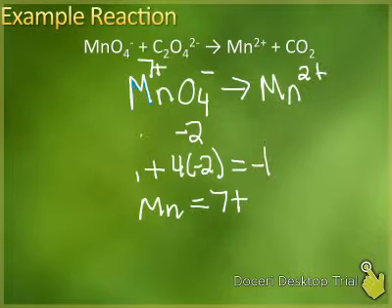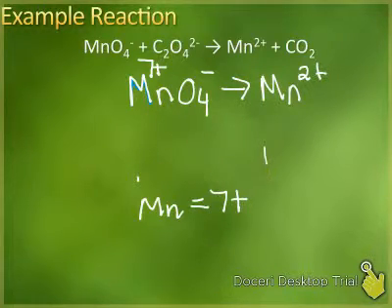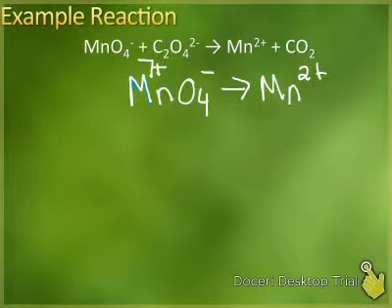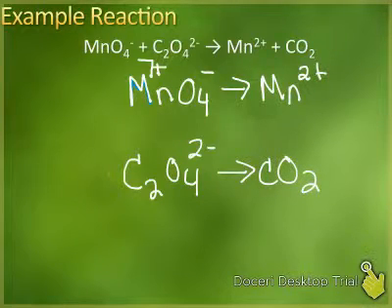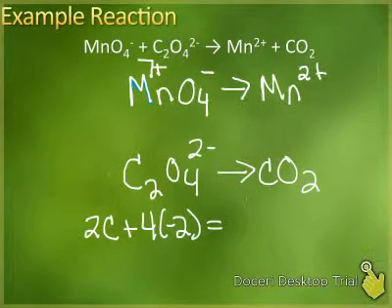Let's do the same thing for oxalate. So we're going to have C2O4 2-, and that's going to form CO2, correct? Let's figure out the oxidation number of carbon, because we know oxygen is -2. So 2 carbons plus 4 times -2 has to equal -2.